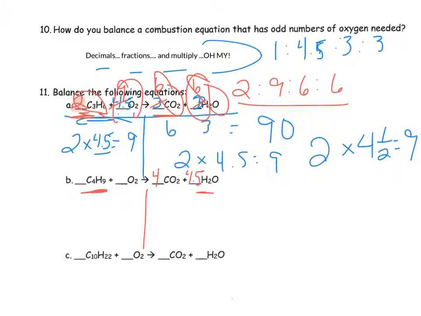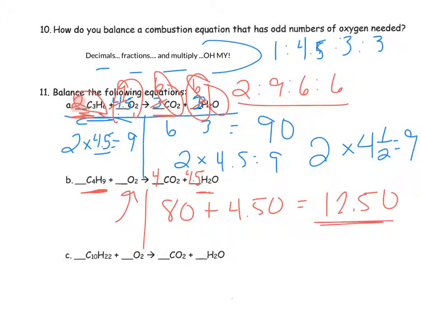All right, so now I've got 9 hydrogens on both sides. Let's look at my oxygens. I've got 4 times 2, I've got 8 oxygens there, and 4.5 oxygens there. So this is 8, 9, 10, 11, 12. I've got 12.5 oxygens. What can I put there to give me 12.5 oxygens?